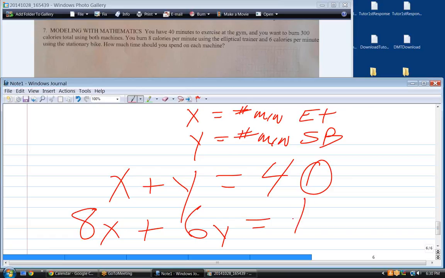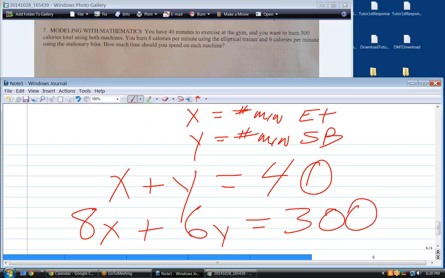That's the total calories I'm going to burn. If I spent 20 minutes on this, it would be 8 times 20 plus this. So that's the total calories burned, and they've told us that's supposed to be 300. So I'm going to substitute 300 for that.